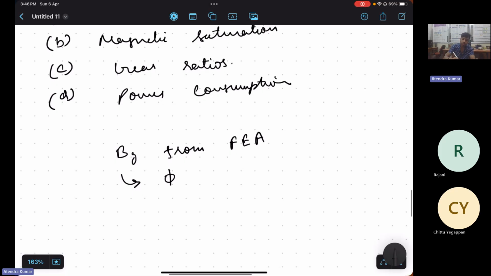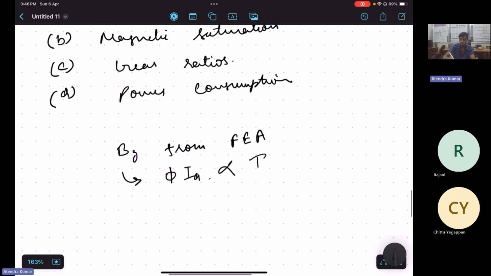Now you multiply with the current, with poles and all. So flux into IA is directly proportional to torque. So you are going to get torque. Now you multiply torque with speed. Torque into speed is what? Mechanical power. So in that way you are going to get power.